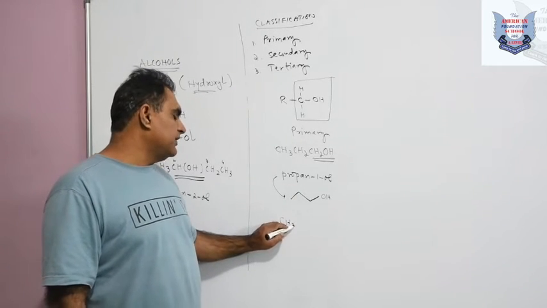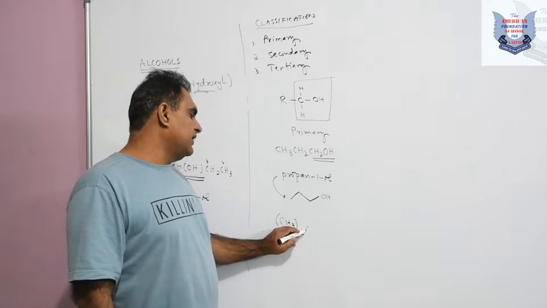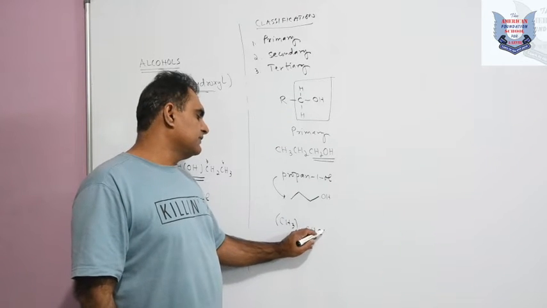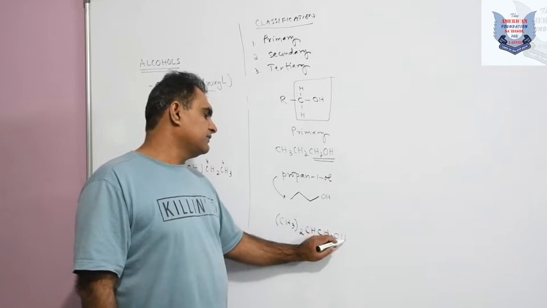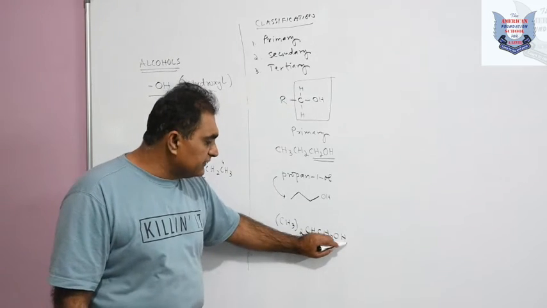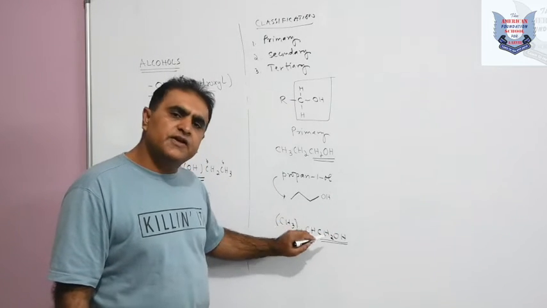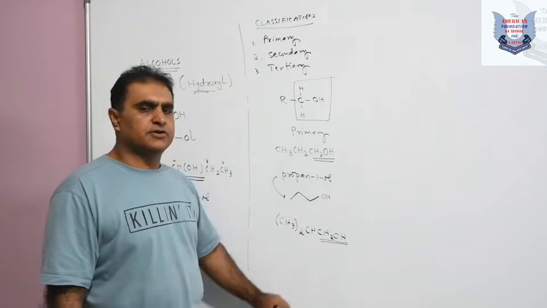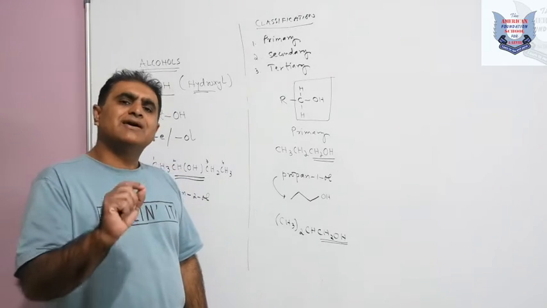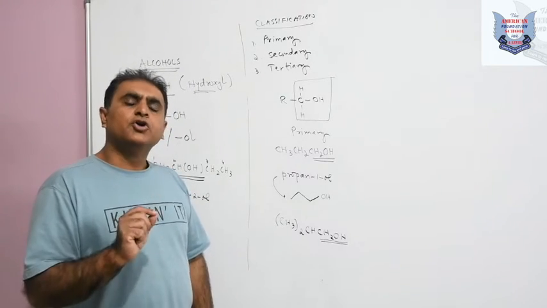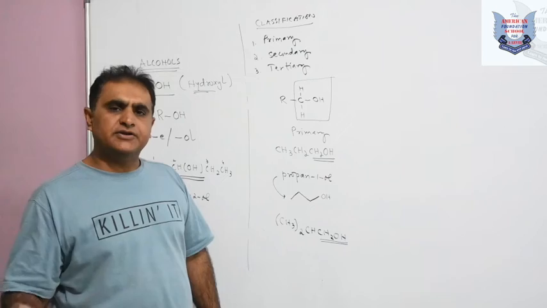Another example of primary alcohol is CH3, CH, CH3 taken twice, CH2OH again. Now you see, this is again CH2OH, and CH2OH means this is a primary alcohol. So you should have a clear idea to identify or to differentiate primary, secondary and tertiary.